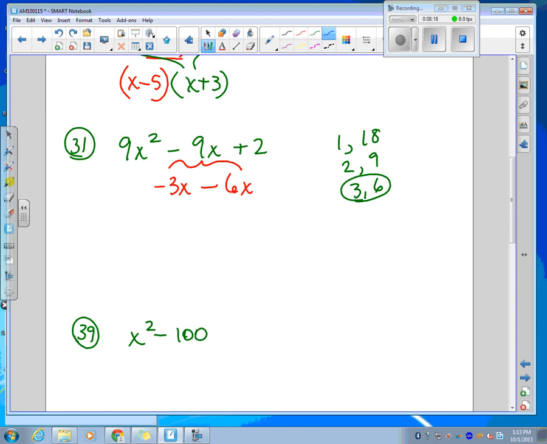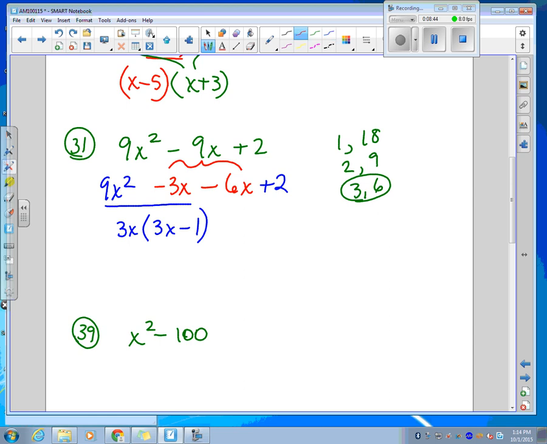Okay, so the 9x squared and the 2 come down. And now I'm going to factor by grouping. So the common factor here for these two is 3x. So 3x times 3x minus 1. And this one needs to be a negative because this is negative.